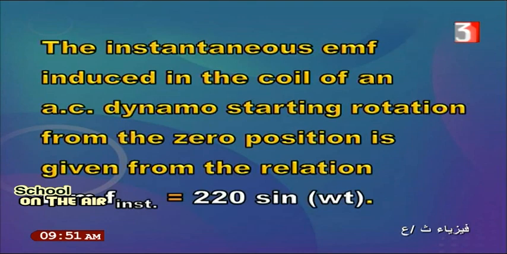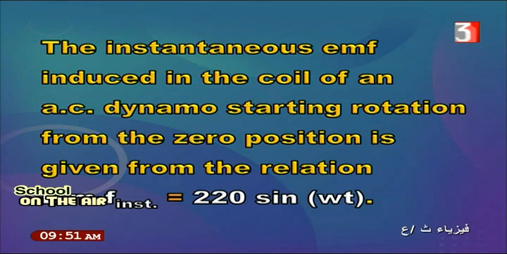Still doing multiple choices. The instantaneous EMF induced in the coil of an AC dynamo, starting rotation from zero position, is given by the expression EMF instantaneous equals 220 sine omega t. What about 220? 220 is the maximum EMF.